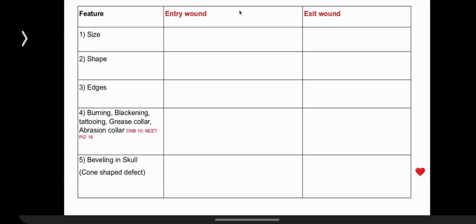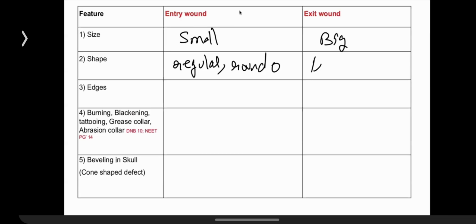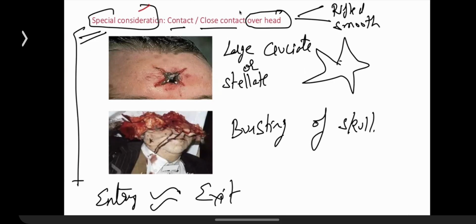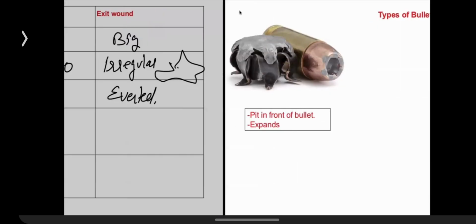So basically the entry wound is small, shape is regular, round like this. Here it is irregular like this. Edges here are inverted. But the exception I told you is where the entry wound resembles exit wound.